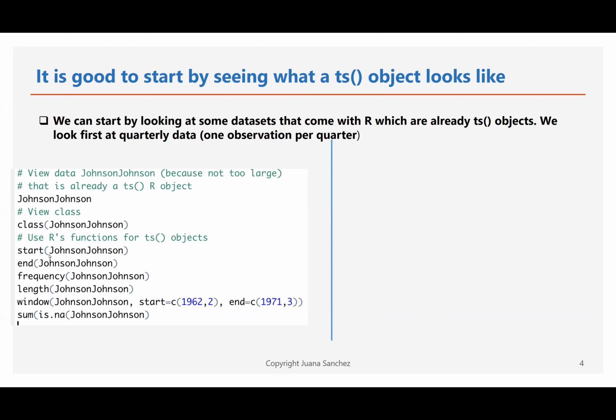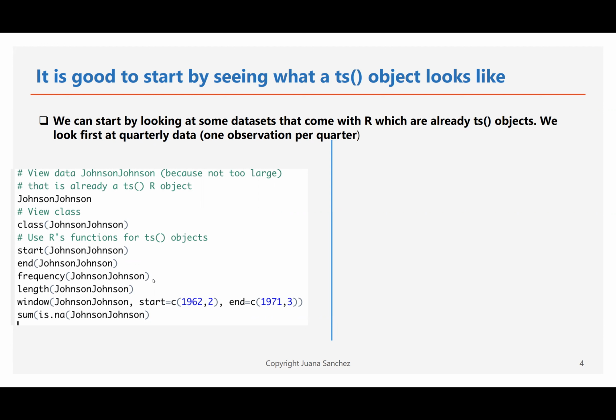One of these functions is the start function. If you have a TS object, the start function will give you when the data starts. You should get 1960 quarter 1 if you type start Johnson & Johnson. If you type end Johnson & Johnson, you will get 1980 quarter 4 as the end date.